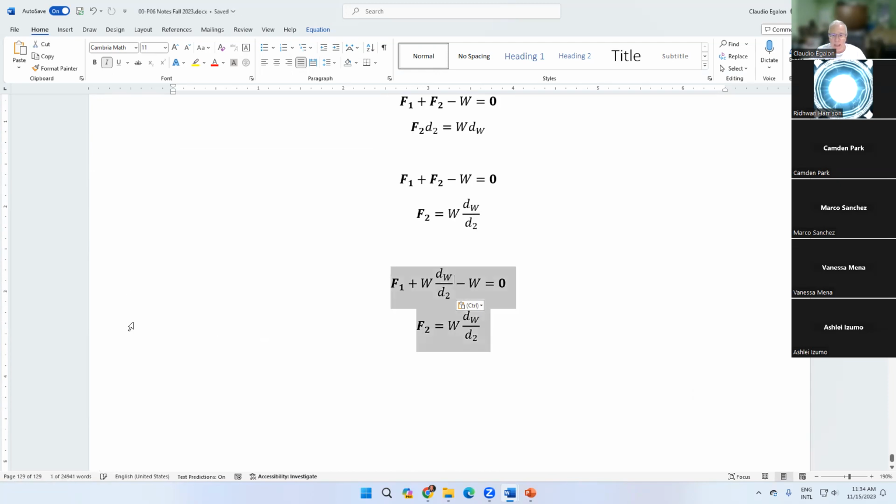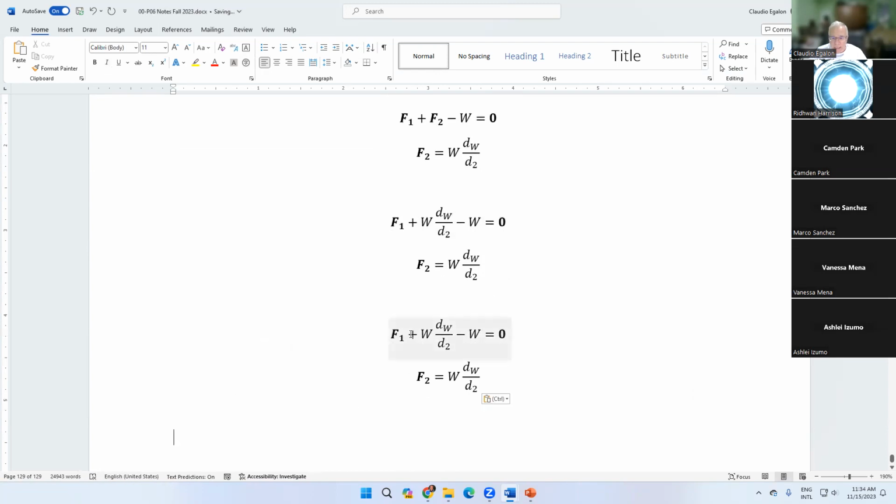I substitute F2 in the equation above, copy and paste, and now I'm going to make it equal W minus, right? And I can erase everything else. Can I do better than that? Yes, I can do better than that.